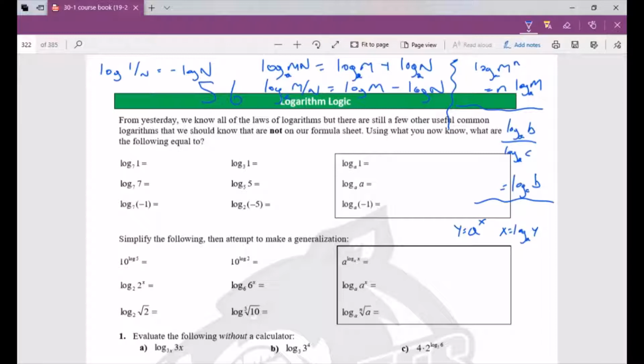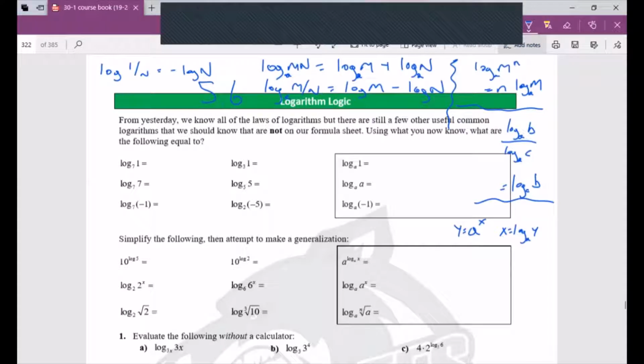It's also the base of the logarithm. The other two letters, they change places. In the first one, the x is in the exponent. In the second one, the y is in the logarithm. And that comes very handy when you're trying to solve for an exponent, or if we're trying to solve for something in the logarithm.